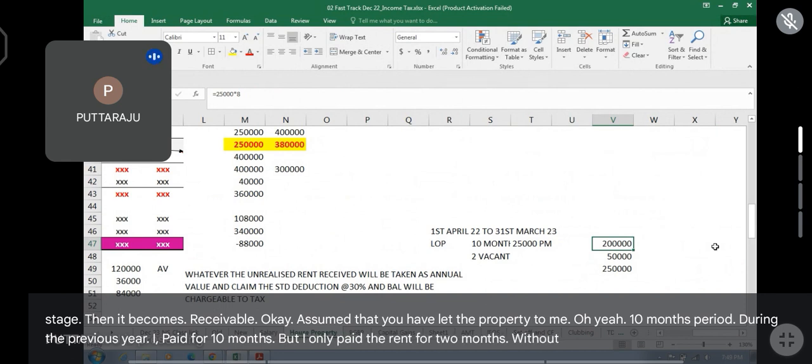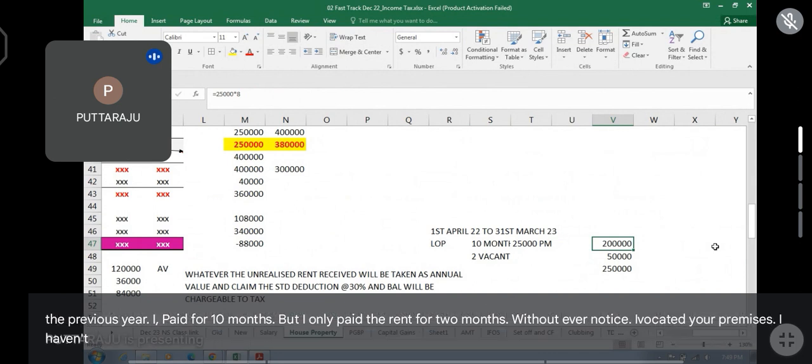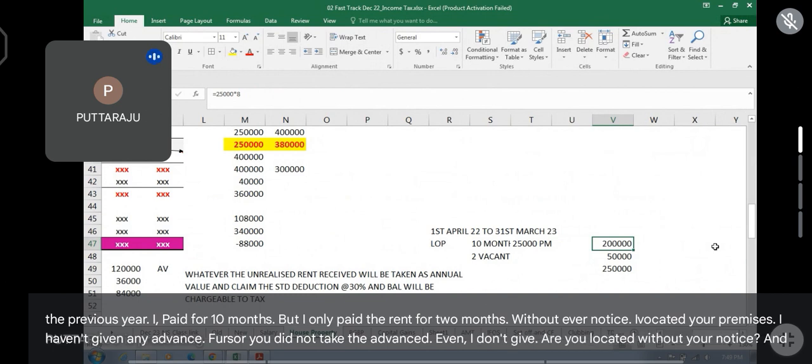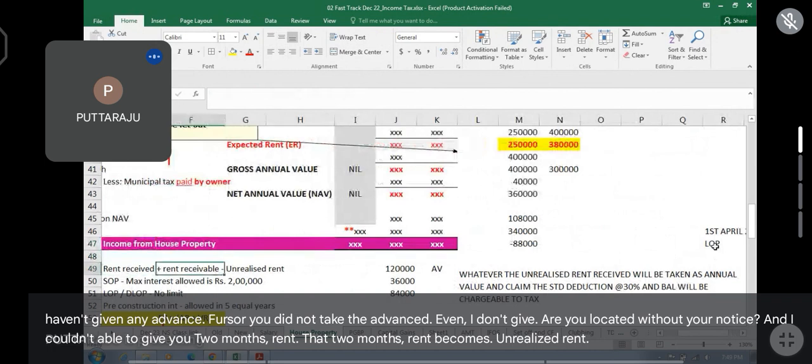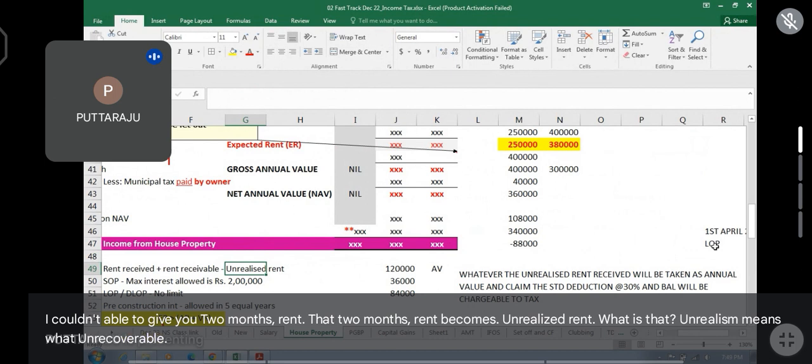Without your notice, I vacated your premises. I haven't given any advance. Sir, you did not take the advance. I vacated without your notice and couldn't give you 2 months rent. That 2 months rent becomes unrealized rent. What is unrealized rent? Unrecoverable or unrealized, that means not received. You need to deduct that.